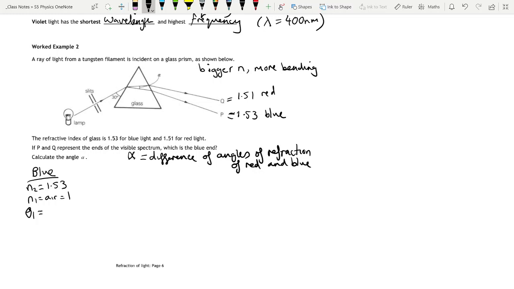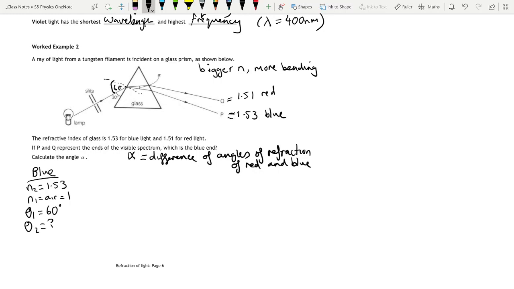Theta 1 is the angle of incidence, but remember I said watch out for this. It's not giving you the correct angle. We actually want this angle here that I've marked, which will be 90 minus 30, so 60 degrees. So theta 1 will be 60 degrees.